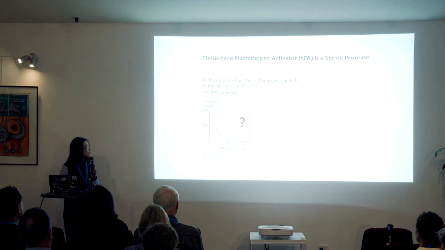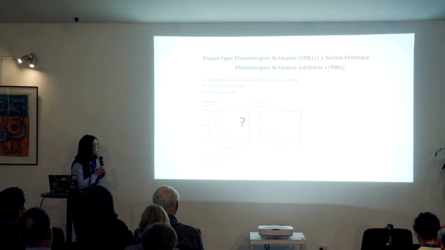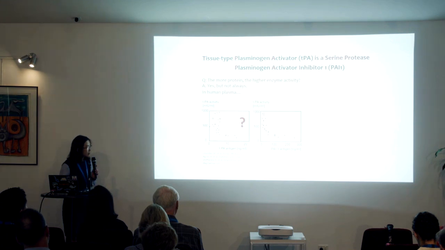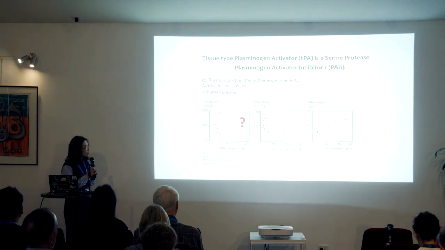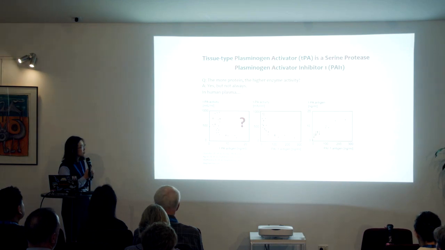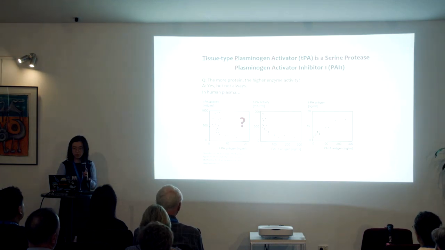How could this be? TPA enzymatic activity negatively correlates with the PAI-1 antigen level, which makes sense because PAI-1 is an inhibitor. But what's really confusing is that the TPA antigen level actually positively correlates with its own inhibitor, the PAI-1 antigen level.